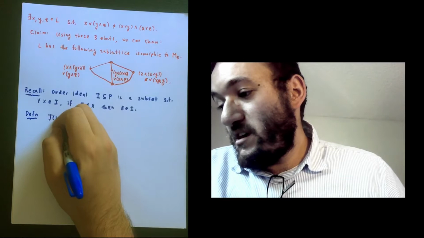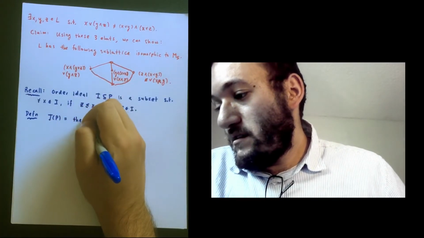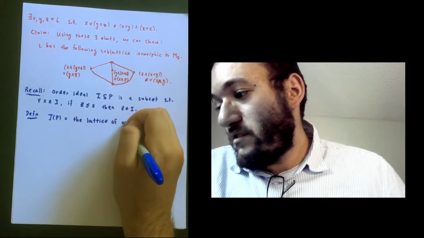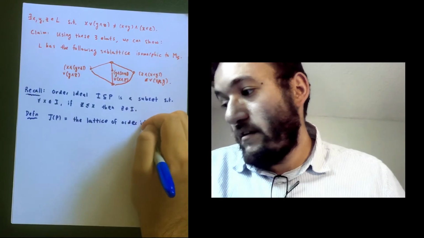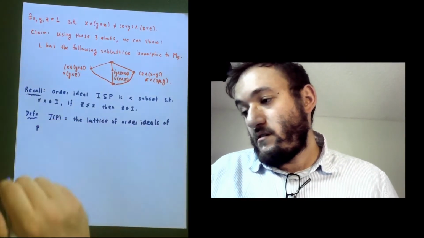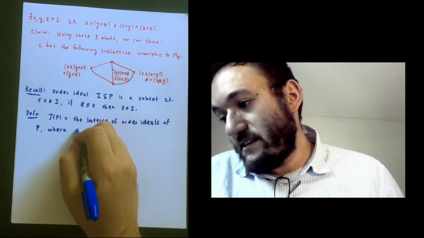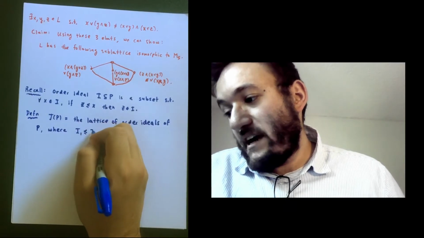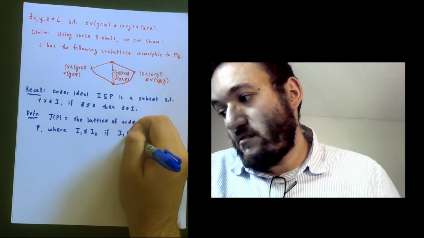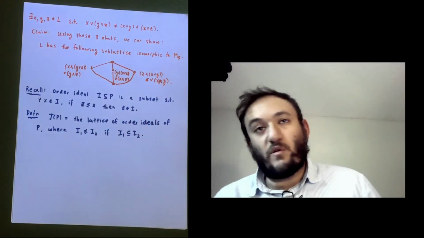So J of P equals the lattice of order ideals of P, where the ordering is given simply as I1 less than or equal to I2 if one is a subset of the other. Okay, it's very simple, simple ordering.